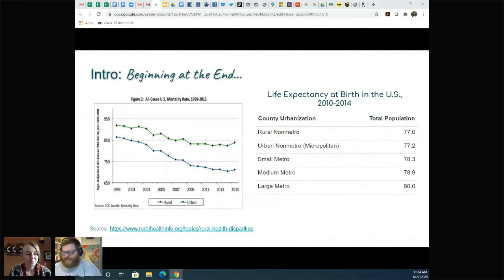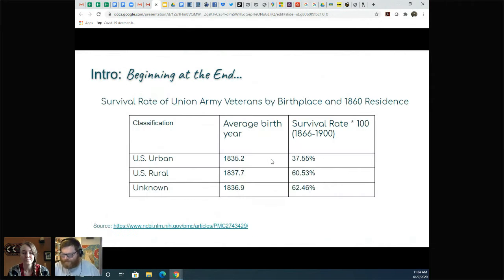So you can see that rural mortality rates are higher, and as you would expect, that is reflected in the life expectancy at birth, which is the other table. It breaks things down a lot, but the main point is just generally that if you're in an urban area, there's a whole bunch of reasons that you end up with better health outcomes.